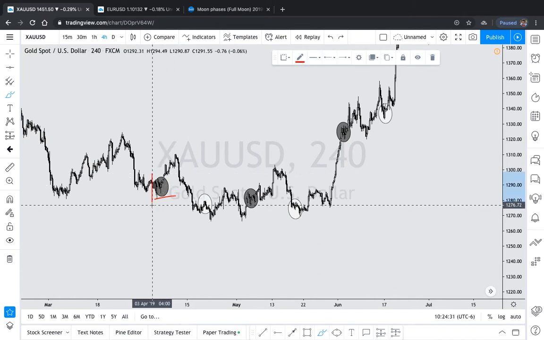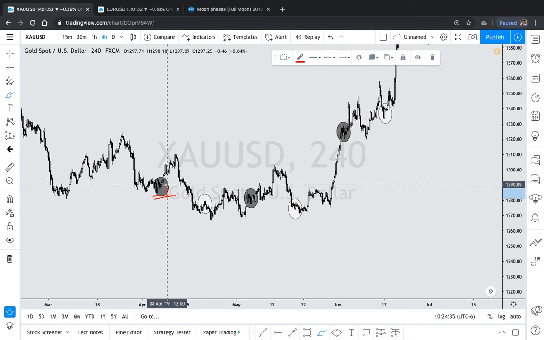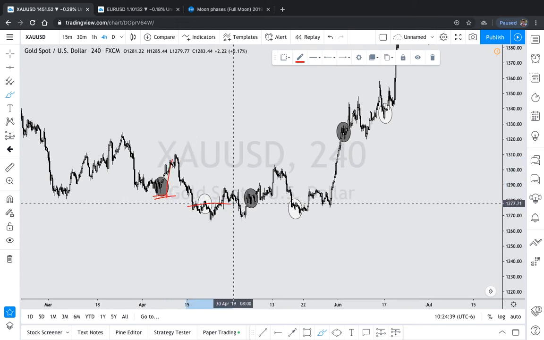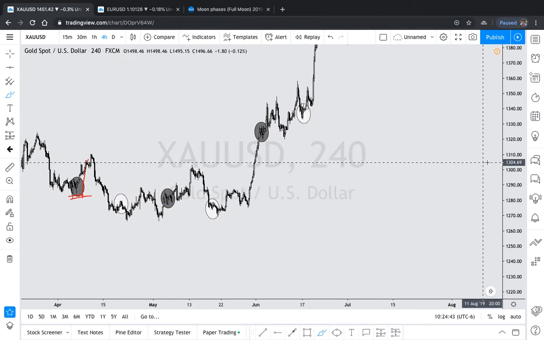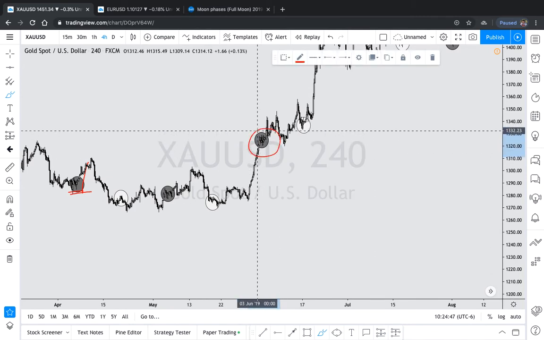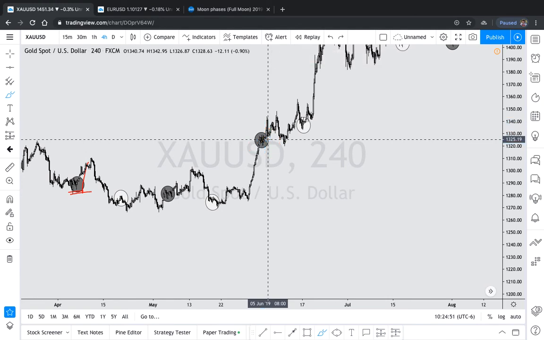This is a new moon, and we can see the market right on that new moon just shifted up. And then through here, these next 3 phases were just consolidation. Then as we continue, right here nothing really happened. We did have that spike up, but nothing crazy there.